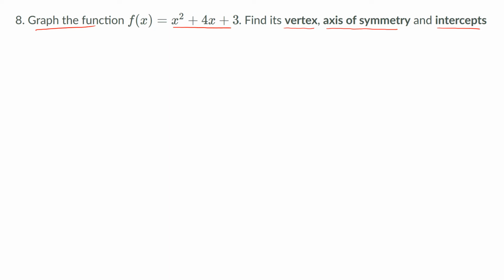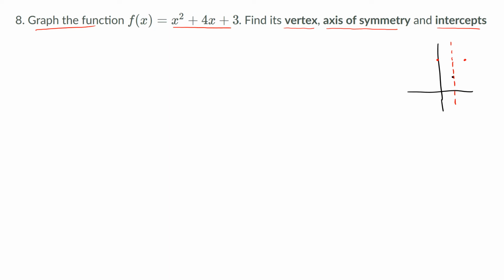So for example, let's say this is the graph. Let's say we have a vertex, and let's say this is the y-intercept. If this is the vertex, that means this is the axis of symmetry. Since we know one point, the other one has to be exactly on the other side of the axis of symmetry.